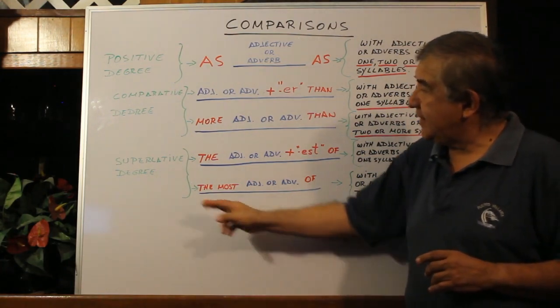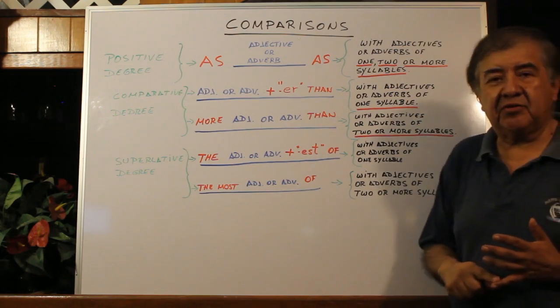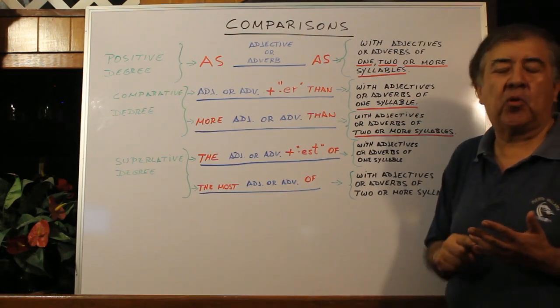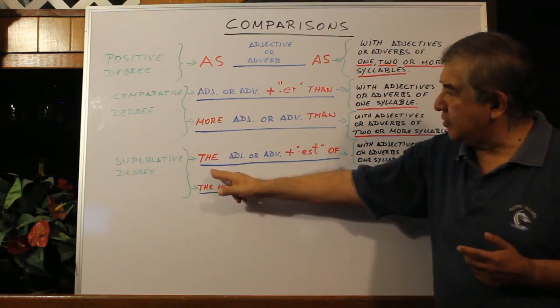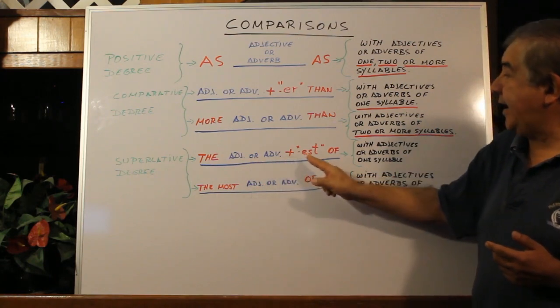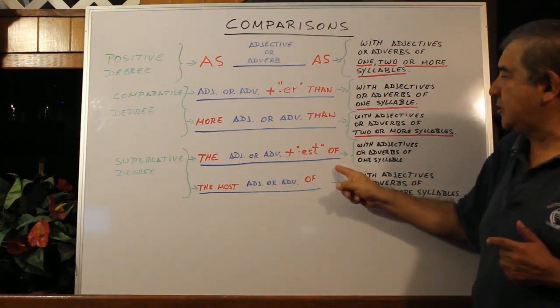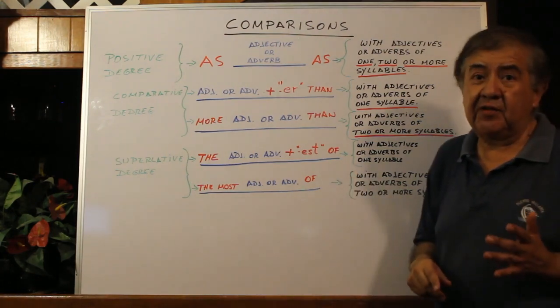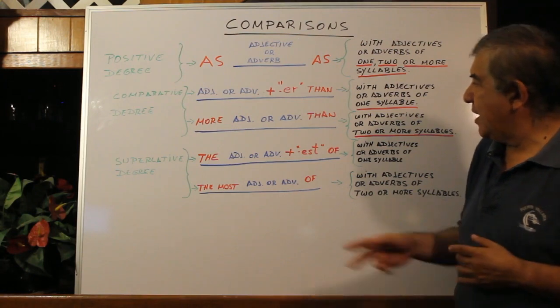And finally, the superlative degree. In the superlative degree, you also have to take into account those adjectives or adverbs of one syllable. Here, you're going to use the article the, the adjective or adverb that you're going to compare, the est ending in the adjective or adverb, and the preposition of, although sometimes of is not used in all the sentences.